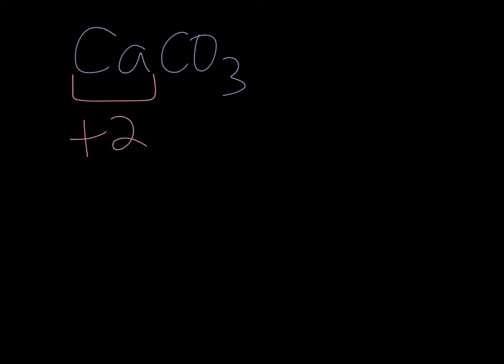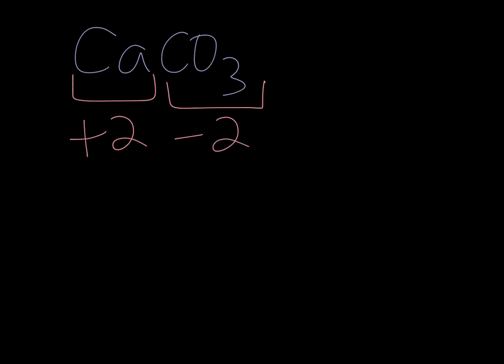And then we're going to do a quick example where we have a polyatomic ion here. So here I have calcium, and calcium is a group 2 metal, so I know it has a +2 charge. So this whole thing has a -2 charge.